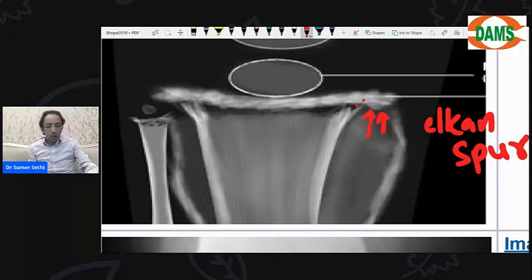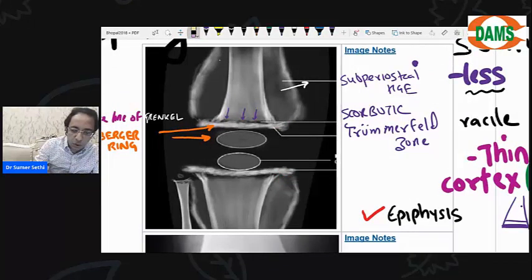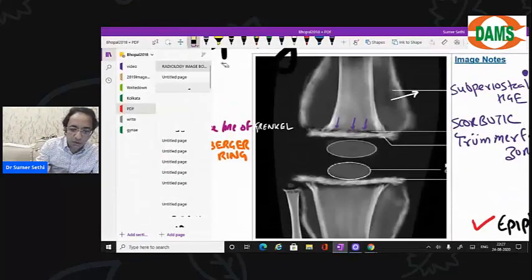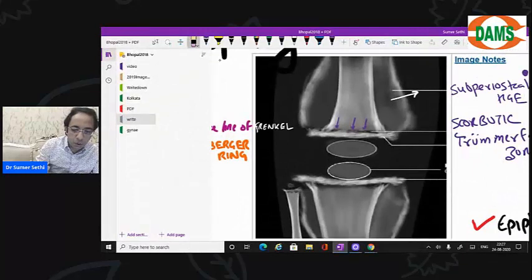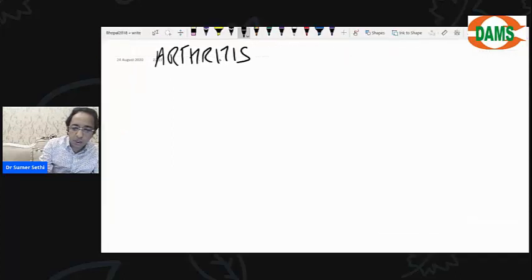Okay, now once you are clear, now let's try to understand it further. Now what I'll do is I will show you some x-rays of some arthritis or some joint disorders. When you talk about arthritis, only two arthritis are most important. Most important arthritis are osteoarthritis.